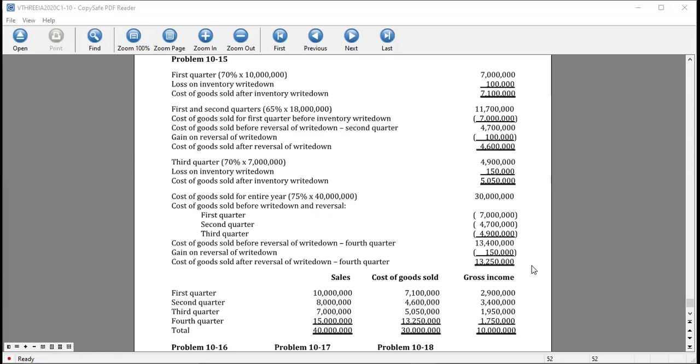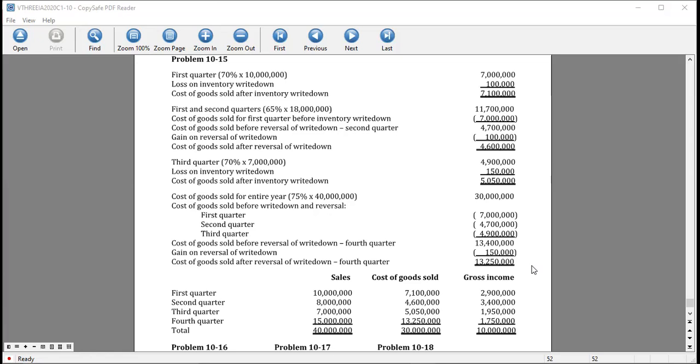Now for the third requirement, for the cost of goods sold and the gross income for each quarter. So the cost of goods sold for the entire year is 75% multiplied by 40 million. That's the given amount of sales.